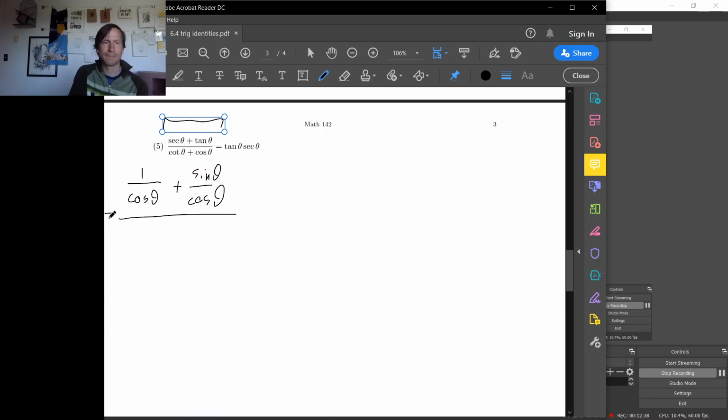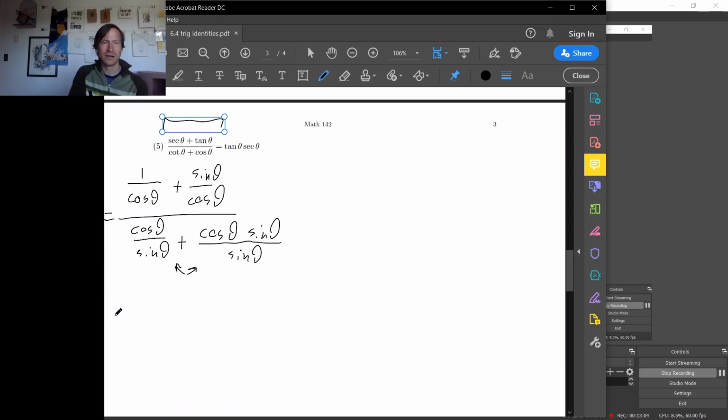over cotangent is cosine theta over sine theta, plus cosine theta. Now in this denominator here, we're going to want to add these two pieces. So let's put them over a common denominator. So this cosine theta, we can multiply by sine theta and divide by sine theta. There we go.